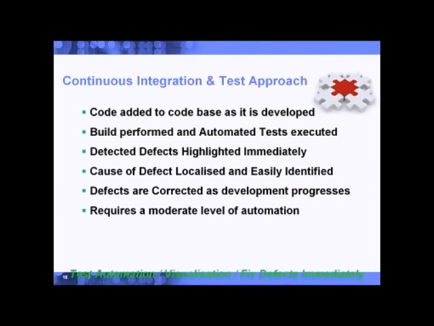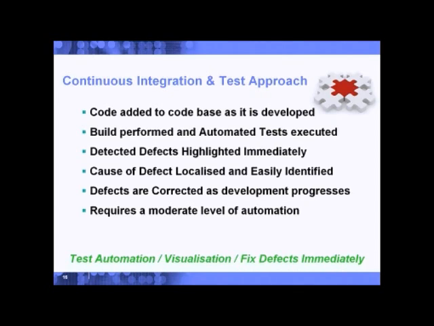Okay, we've talked about continuous integration and test previously. We'll look at it in a bit more detail here. So this process, which pretty much has to be supported by some form of automation, basically takes code as it's developed by the developers and added into the code base and builds the software using the continuous integration solution. And as the code is produced, tests are executed against it.